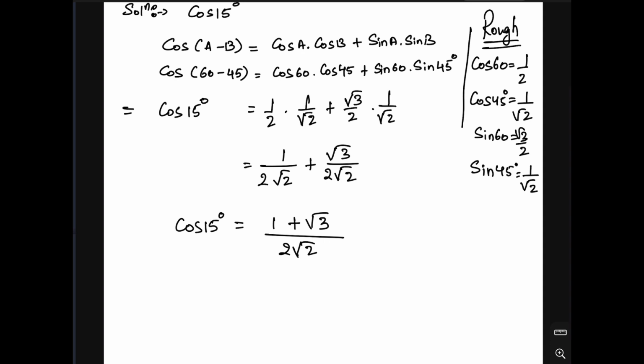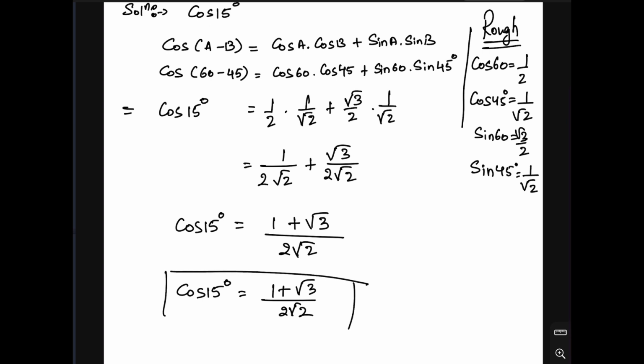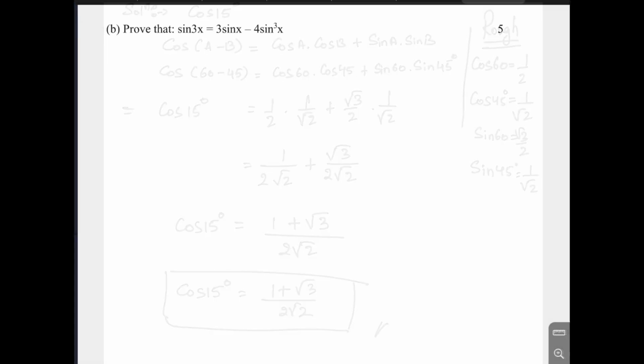So finally we got the value of cos 15, which is 1 plus root 3 divided by 2 root 2. Next problem.